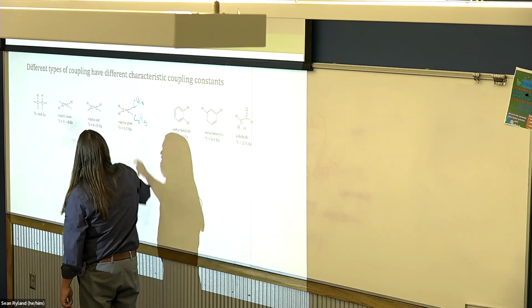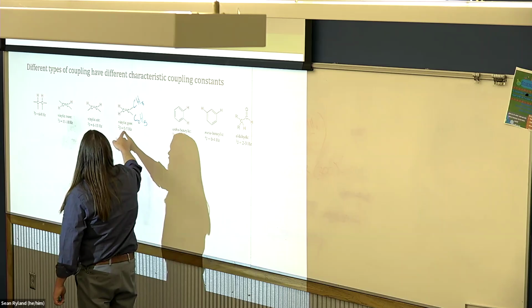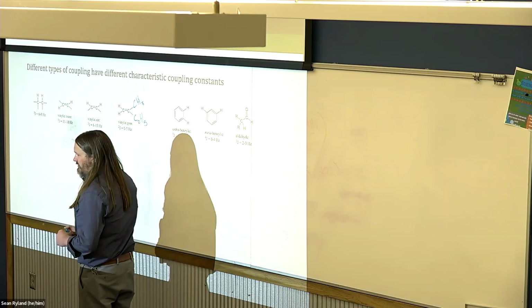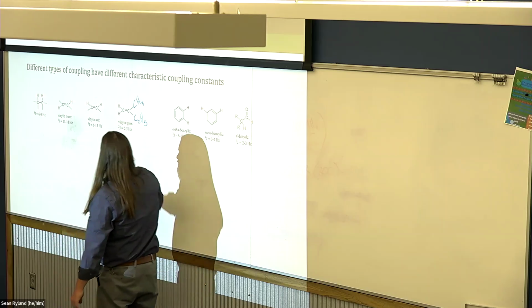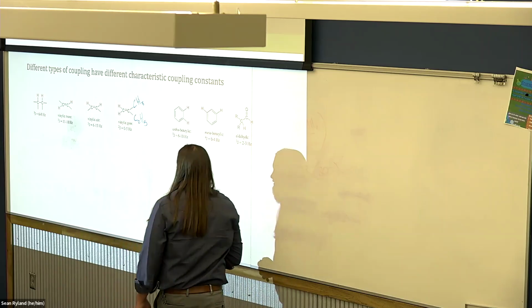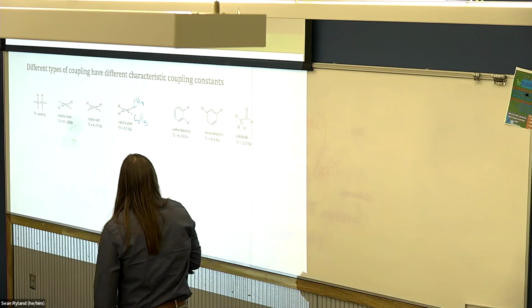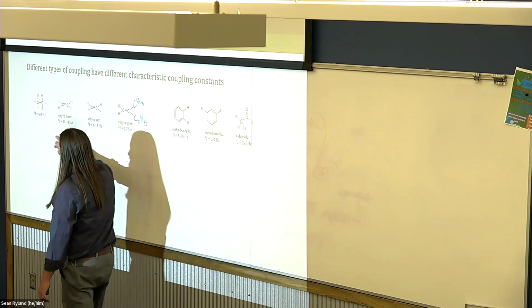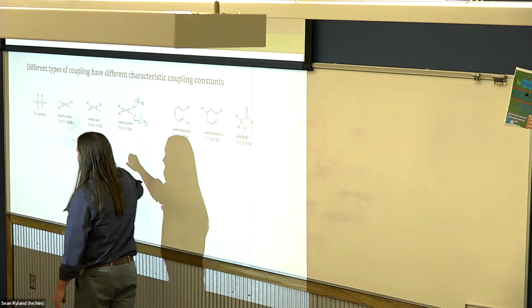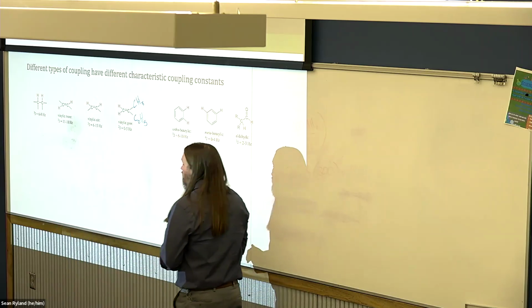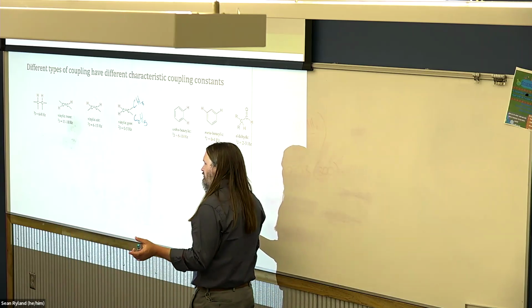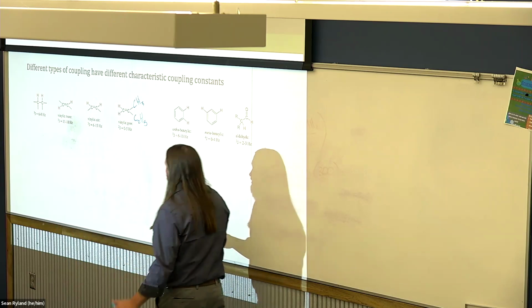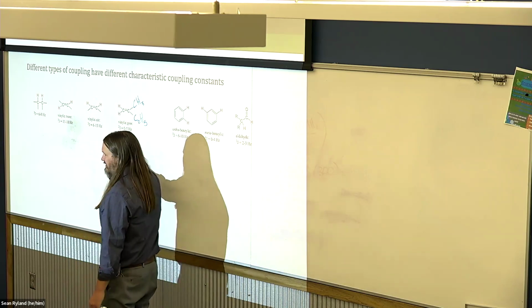But actually seeing these two different peaks, they'll cause splitting with each other, and we'll see something with the coupling in the 0 to 5 hertz range. So the fact that we can look at these different J values, regardless of what instrument we're measuring on, they should have similar coupling constants like this.